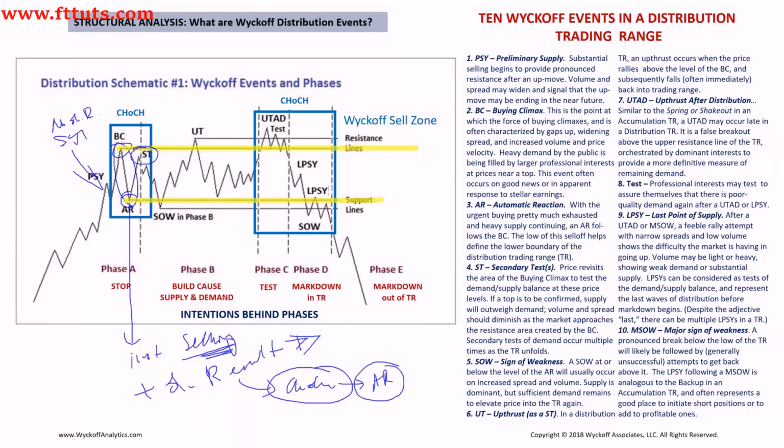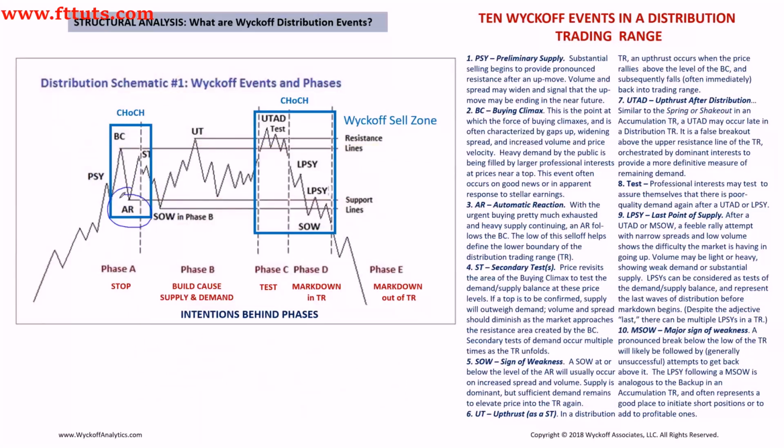Now think about this. At this point, at the automatic reaction, there is some kind of short-term value proposition, because the price went down. As the price goes down, there is some short-term value.